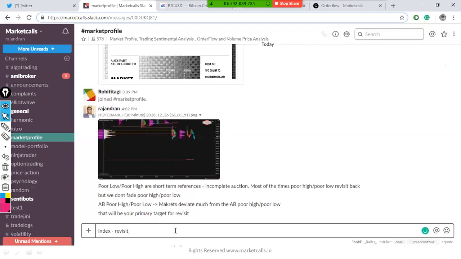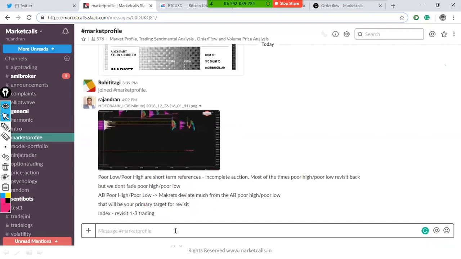For index, revisit usually happens in 1 or 2, 3 trading days. I would say that only once in Nifty it extended for 20 trading days, but then it cleared. But when it comes to stocks, it can be anywhere between 1 to 20, a maximum of 20 to 25 trading days.